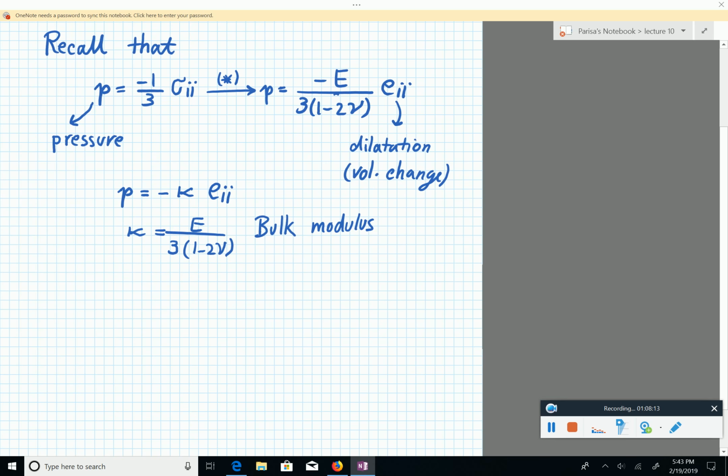Now looking at this relationship, this is relating volume change to pressure. If you have a piece of material with Poisson's ratio equal to 0.5, can you squeeze it? Is it no, or is it a conditional no?